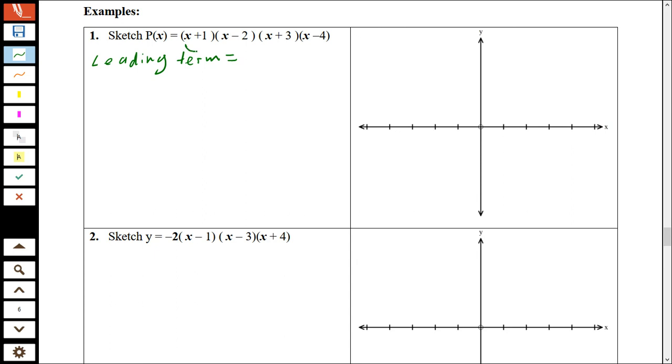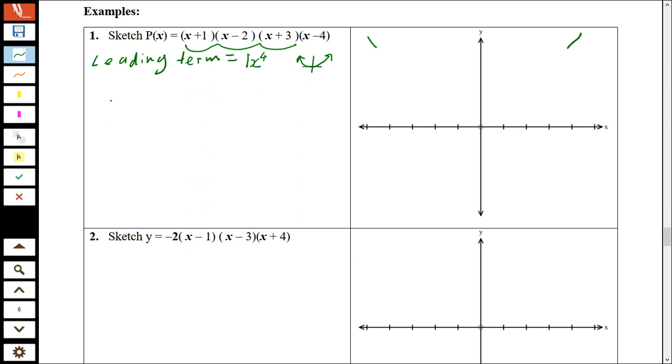If I take the x terms, x times x times x times x, that's just going to be x to the 4. Okay, so it's even degree, and the coefficient is 1 there. So I've got a positive leading coefficient and it's even degree. So think back to the most simple even degree polynomial you can think of. That's like y equals x squared. Okay, so straight away you know that we're going to start here and finish there.